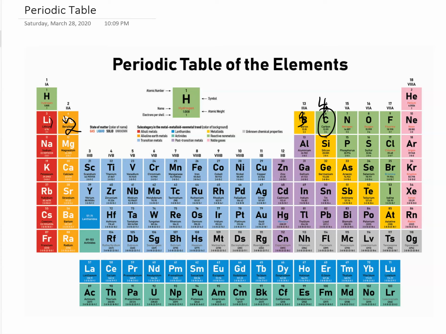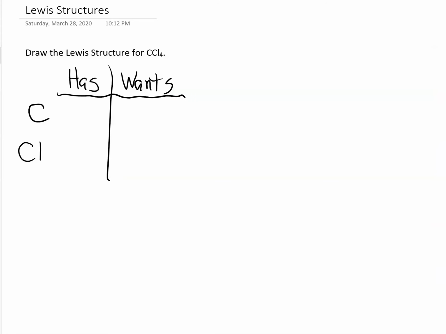And in the third row, we've got chlorine, so 1, 2, 3, 4, 5, 6, 7. Chlorine has 7 valence electrons. So we can say carbon has 4, chlorine has 7. Each one of these elements would like to have a complete outer shell, meaning they want to have 8 electrons total. So now we've identified how many valence electrons we have and what they would like to have.